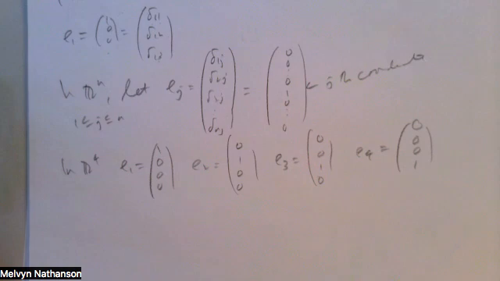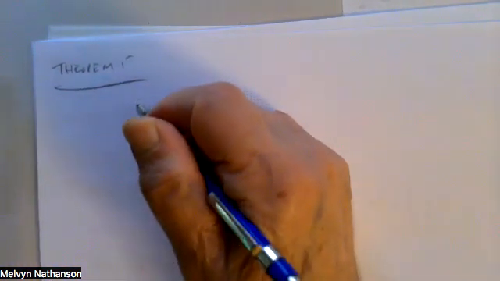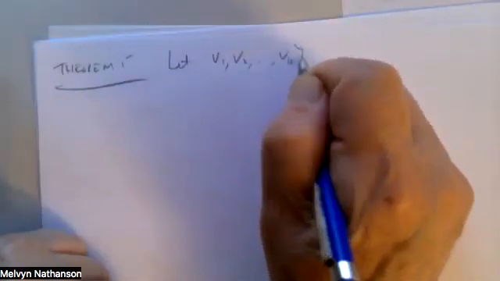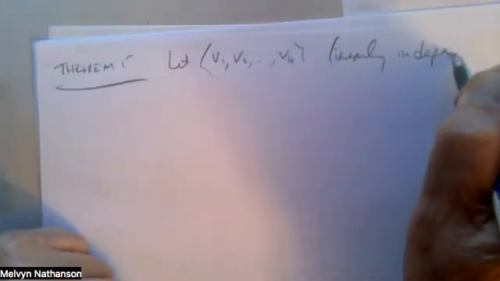Now, a fundamental property of linearly independent vectors is that every linear combination of them has a unique expression. What that means is the following, and this is now Theorem 5 in today's lecture. Suppose V1, V2, V3 up to Vk are linearly independent vectors.